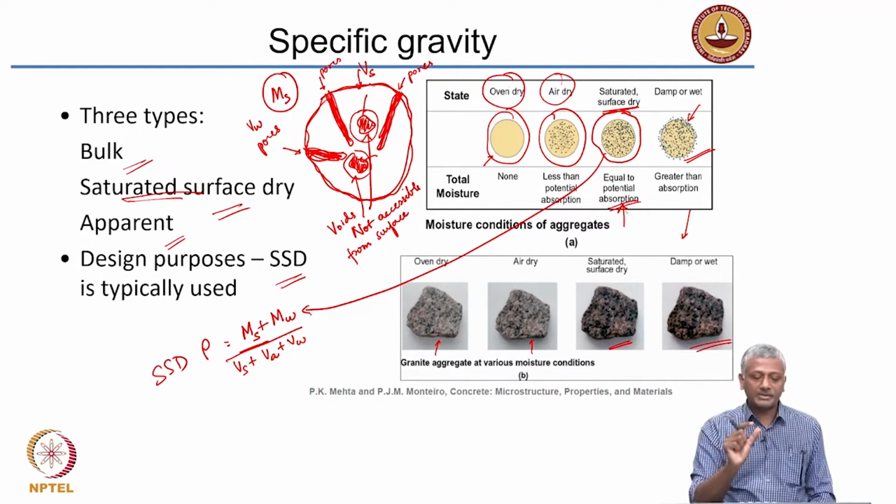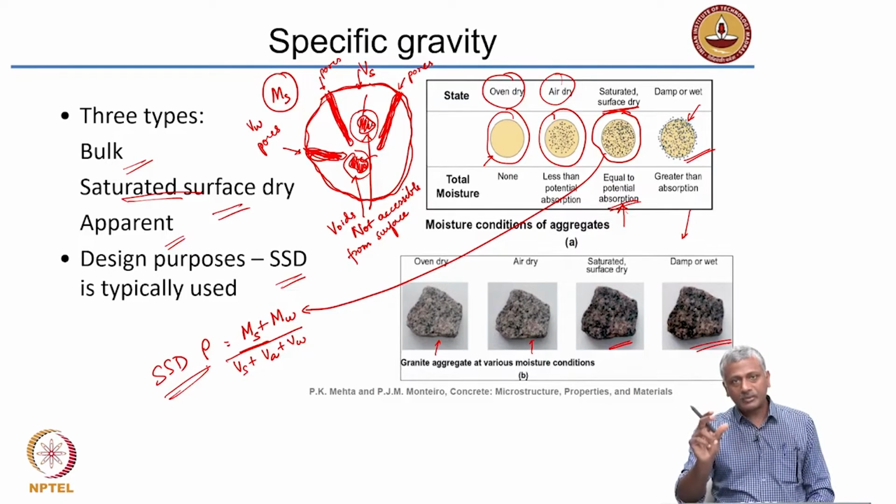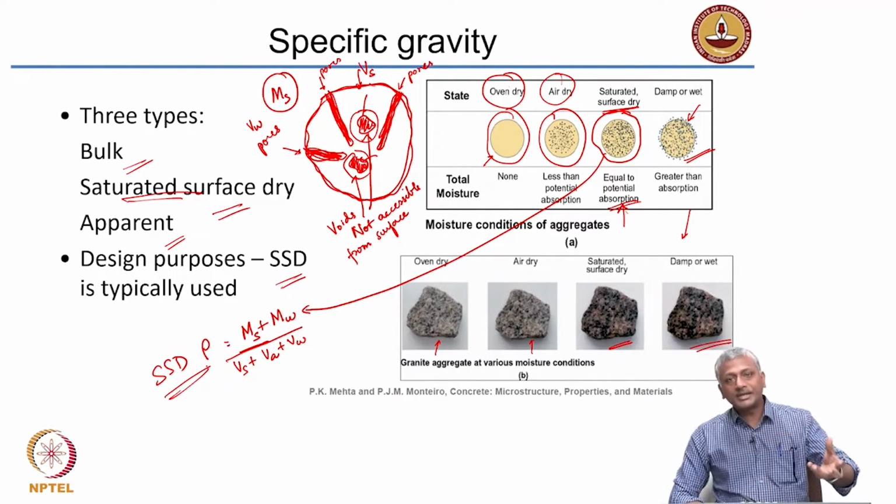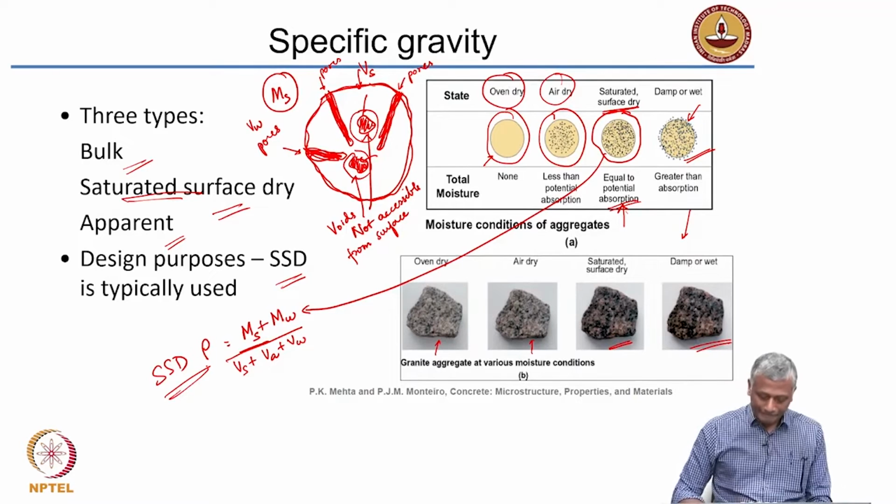That is your wet mass, and your saturated surface dry density is equal to the wet mass, where moisture is just equal to the absorption divided by the total volume of the rock. Okay. So, when you start using quantities of aggregates for calculation of your mix design in concrete, make sure you understand what density value is being calculated and what is being used.